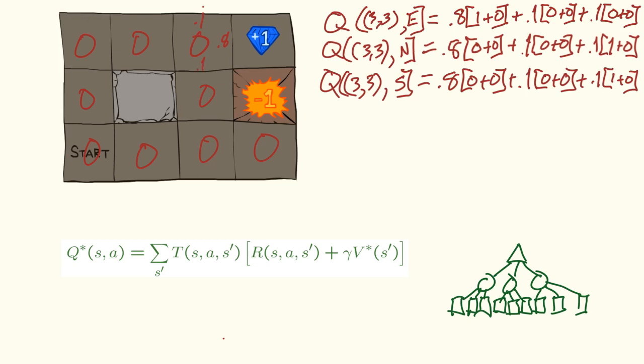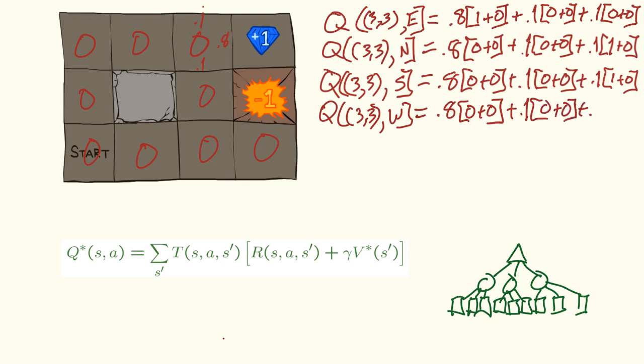And then finally, the Q value for this state going west. Well, 80% of the time that works, and that's 0, 0. 10% of the time it goes north, bounces off the wall, and ends up back in the same state, and that's 0, 0. And then 10% of the time it goes south, no reward, and no value.